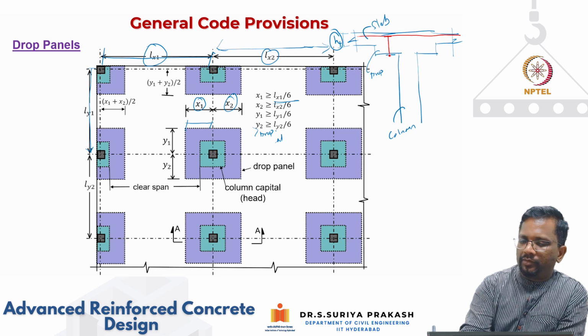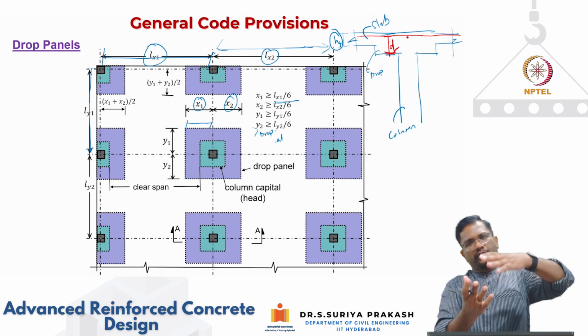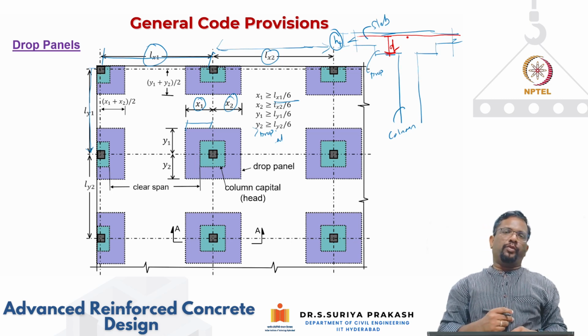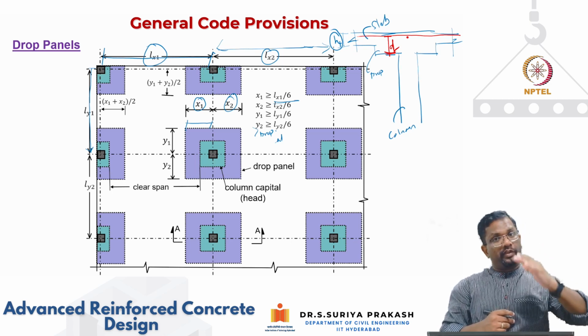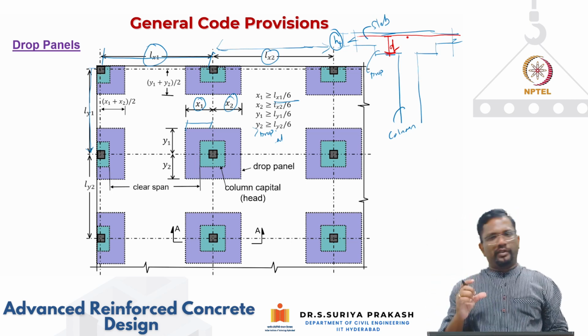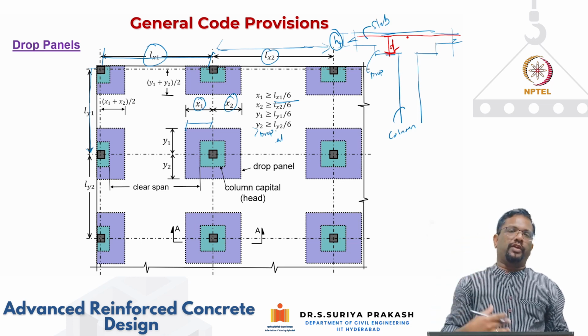It is going to be this. This is your effective depth. If the slab drop panel is also considered in my moment resisting calculation, my effective depth increases like anything. It increases by the magnitude of the thickness of the drop panel. So then you end up with good savings in your negative moment reinforcement.